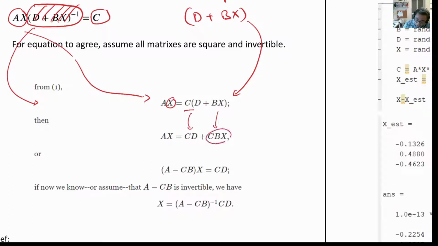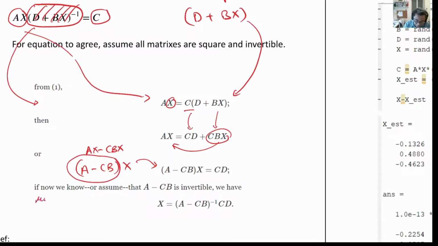So we bring CBX to the left hand side and we get AX minus CBX. Then we can group X, so we get (A minus CB) multiplied by X. Finally, we want to remove this term A minus CB on the left hand side.